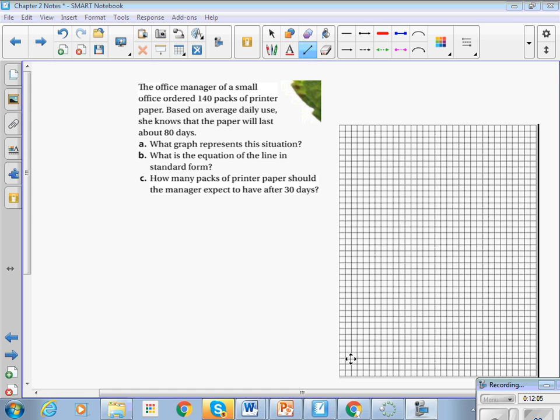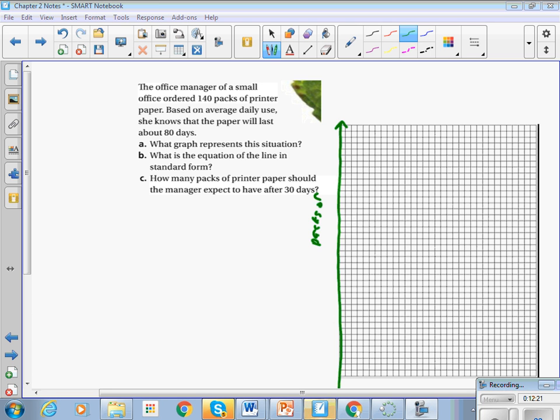Axes. So we want to put our axes on our paper, where this is our y and this will be packs of paper.